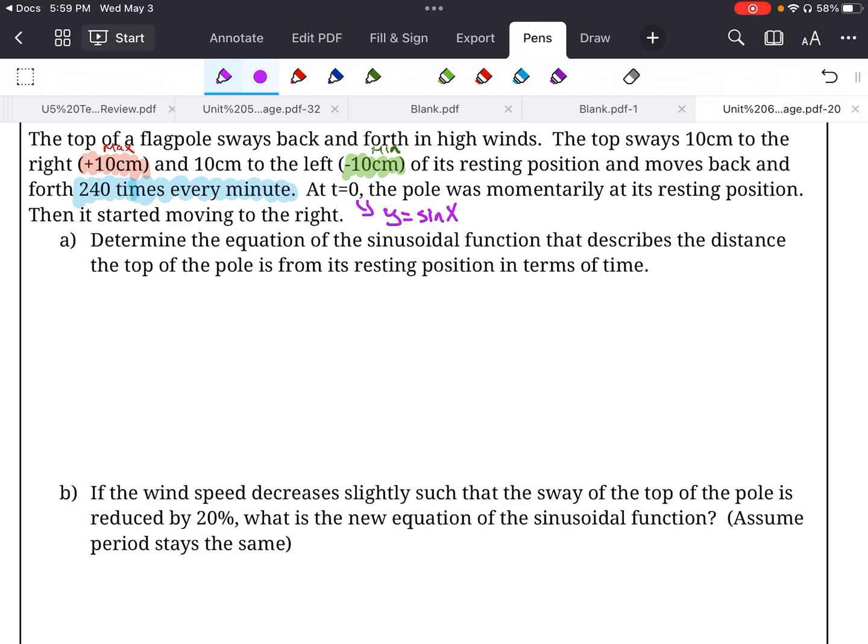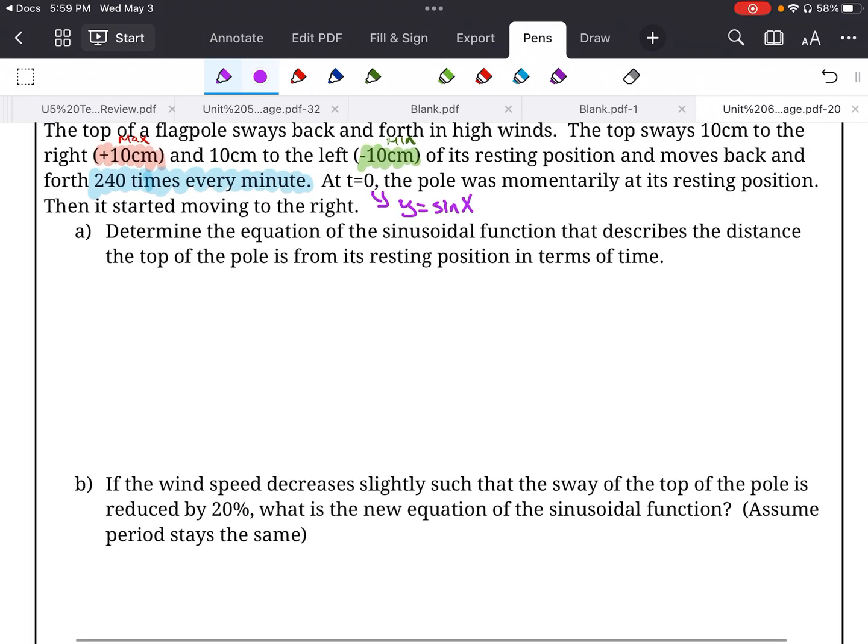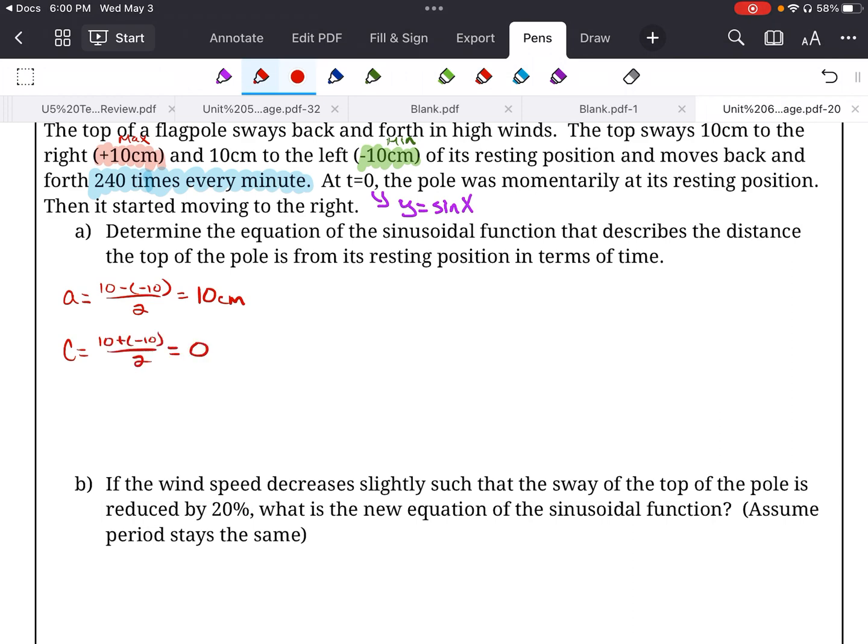Determine the equation of the sine function that describes the distance the top of the pole is from its resting position in terms of time. So we have our a value, which is the maximum minus the minimum, divided by 2, which is 10. The c value, which is our maximum plus our minimum, divided by 2, which is 0. For the k value, we first need the period.